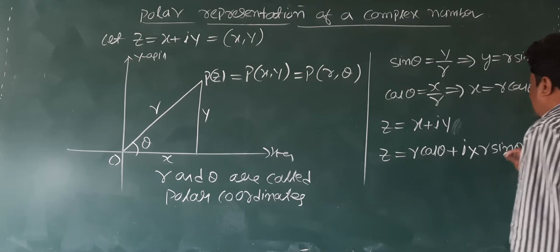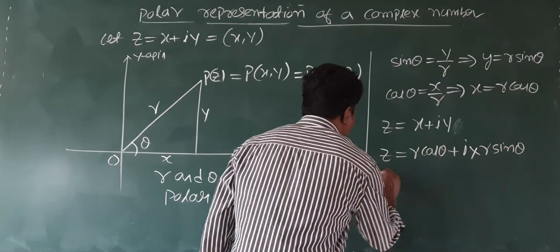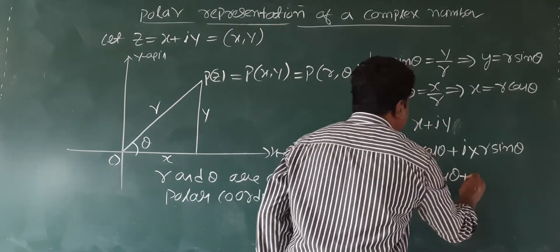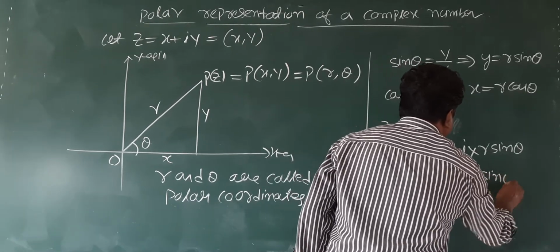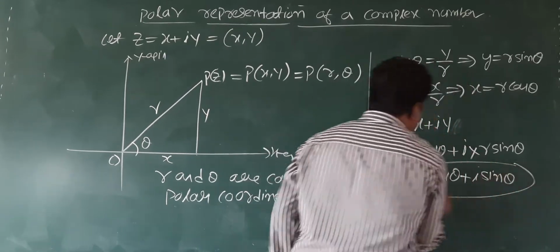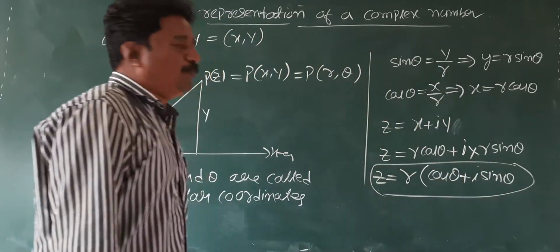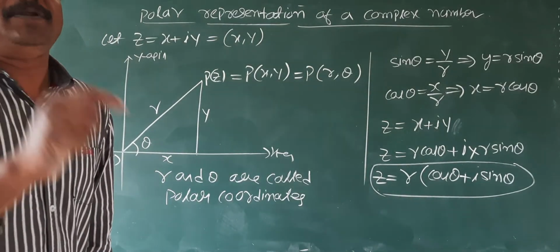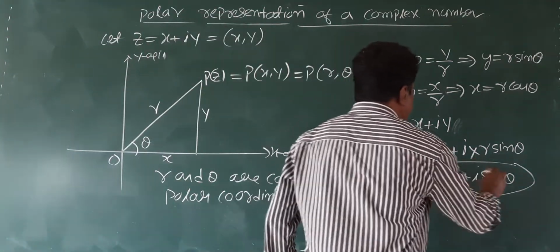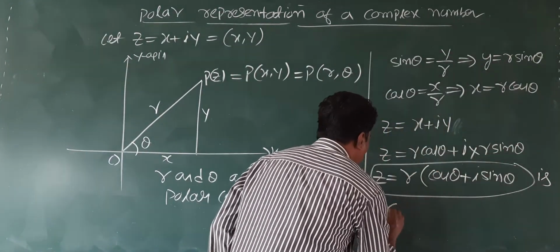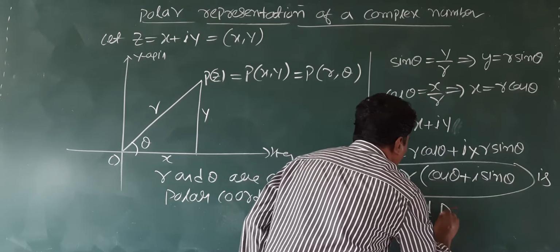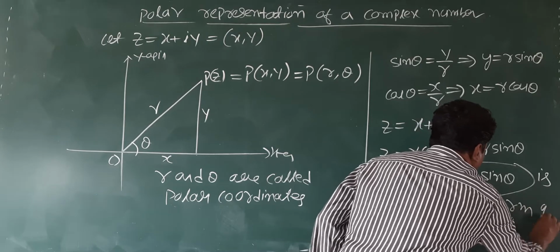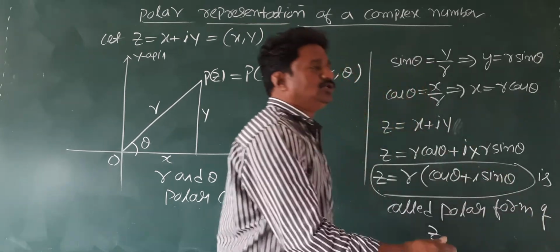Take r common, so that equals r into cos theta plus i sin theta. This representation of z is called the polar representation. It is called the polar form of z. I hope you understood this, students.